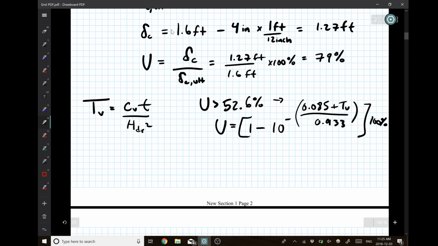And we know our U is equal to 79%. Everything else is just constant numbers. So when you solve, we get a TV equal to 0.547.